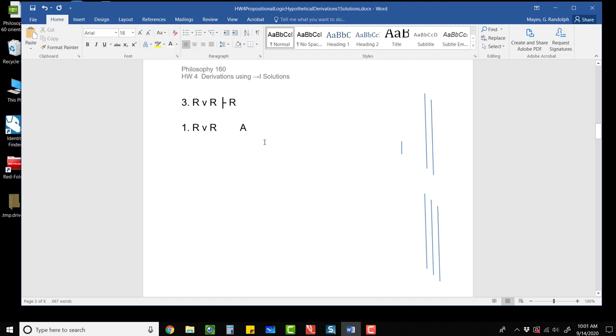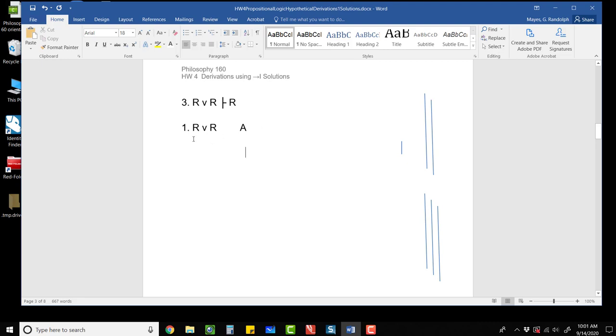So what is it that we need to prove here? Well, disjunction elimination tells us that if we have a disjunction, in this case we do, it's R or R, and we know that the first disjunct implies something, and we know that the second disjunct implies that very same thing, then we can assert that thing, right?